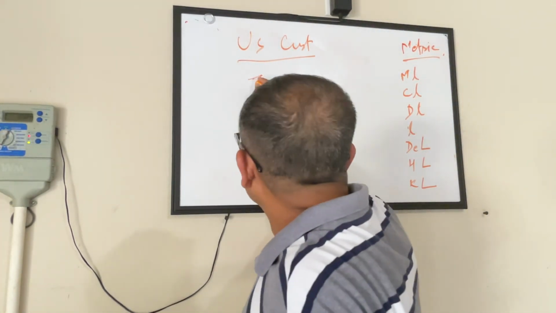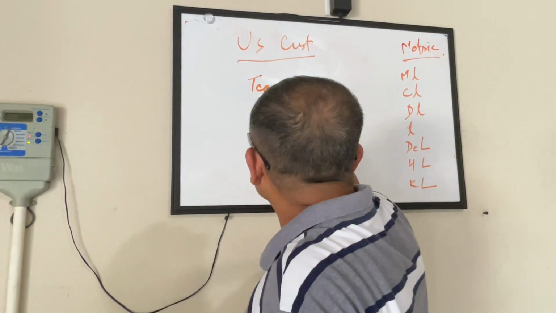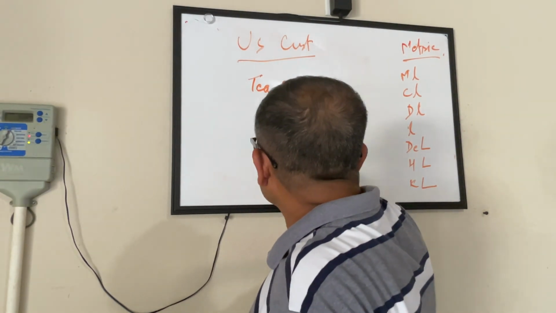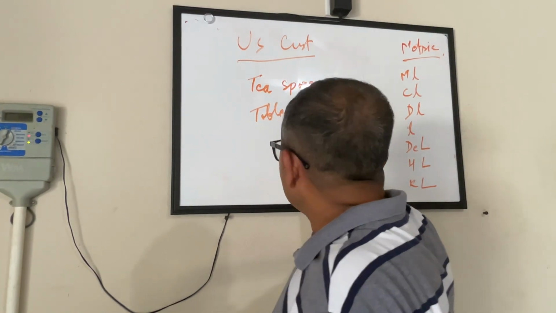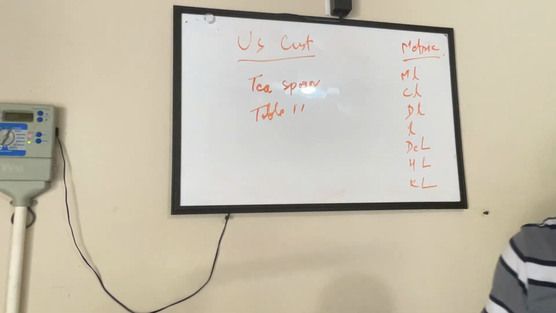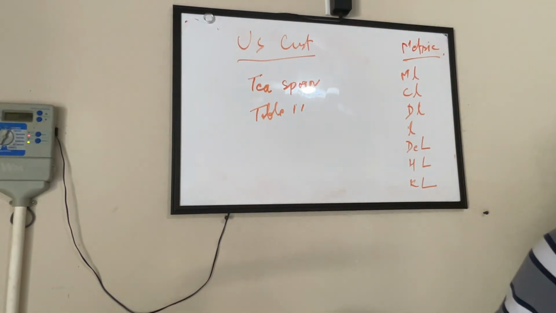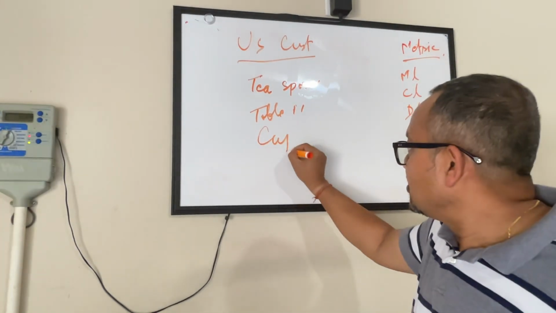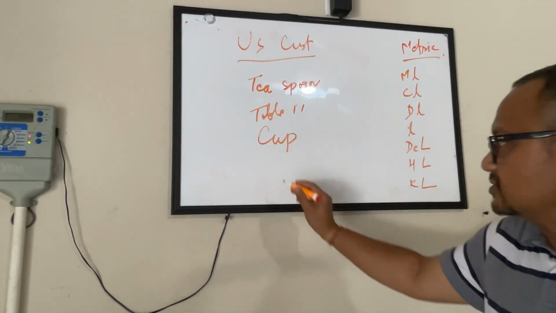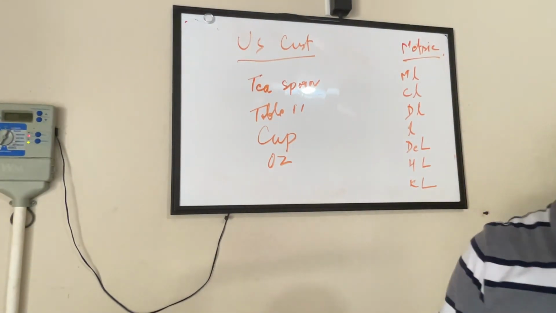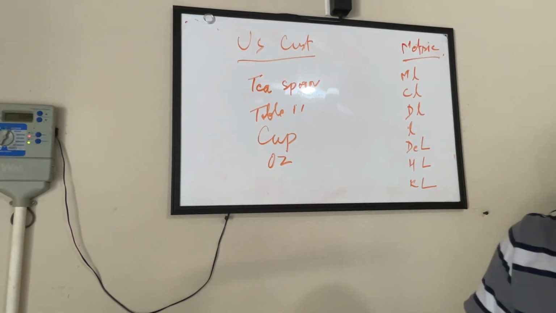So the smallest unit is called teaspoon. What is the next one? Tablespoon. What is the next one? Cup. What comes next? Fluid ounce, or ounce.